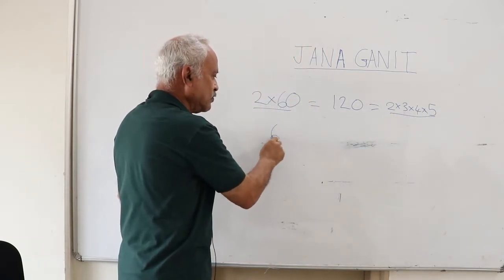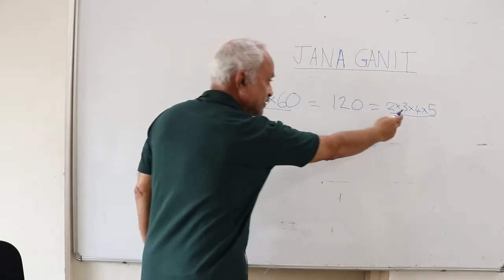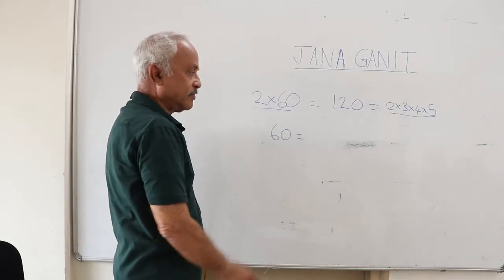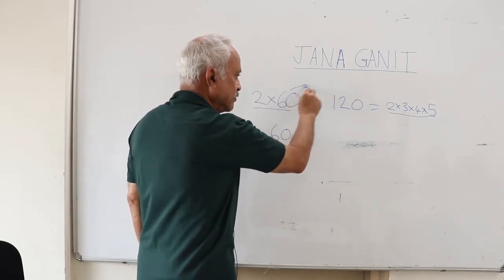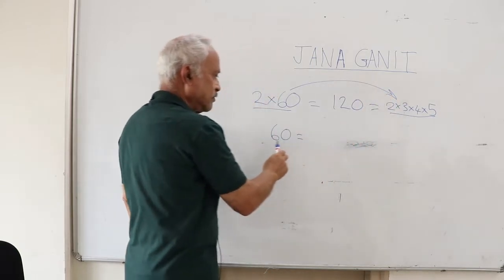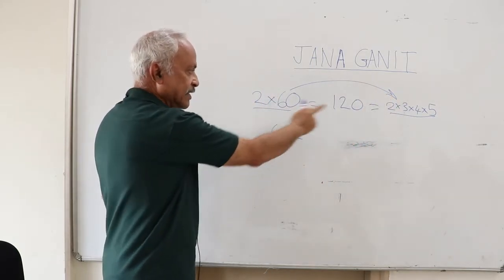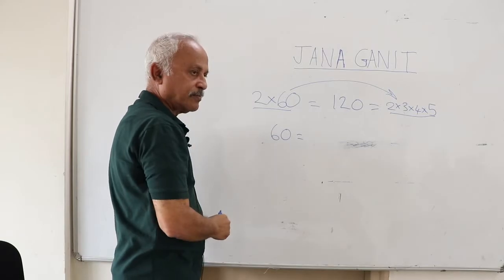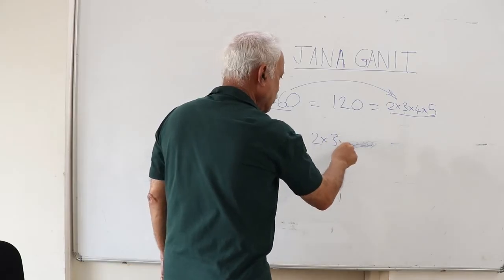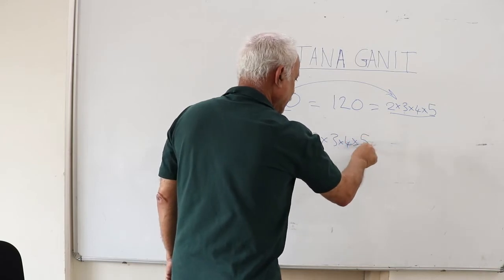So what is 60 equal to? Look at this and look at this. These two are equal. This and that are equal. So what is 60 equal to? 2 into 3 into 4 into 5?